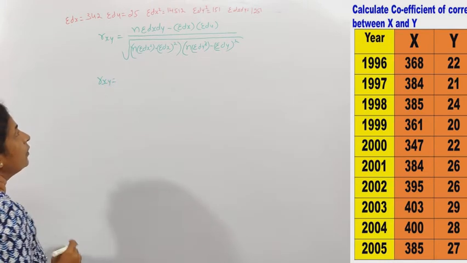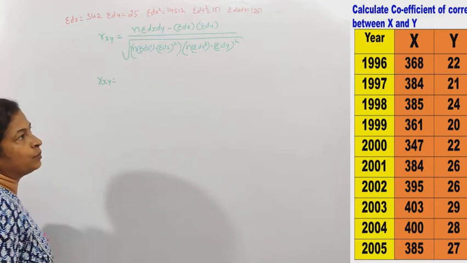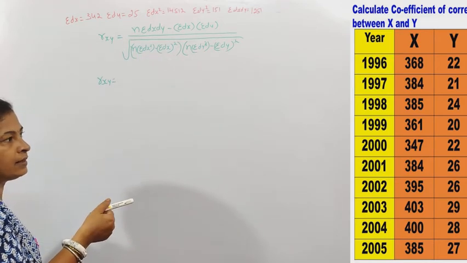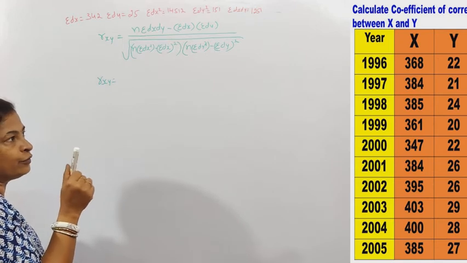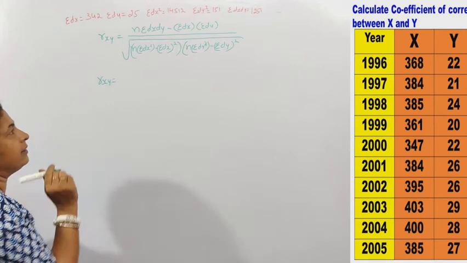Rxy is equal to, so n is nothing but the number of observations. How many observations are there? 1, 2, 3, 4, 5, 6, 7, 8, 9, 10. 10 observations.